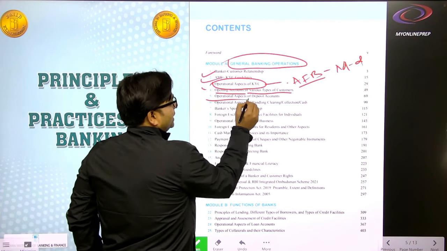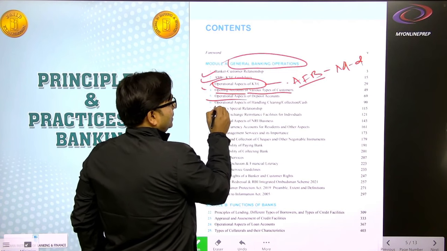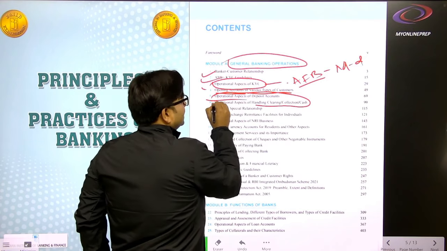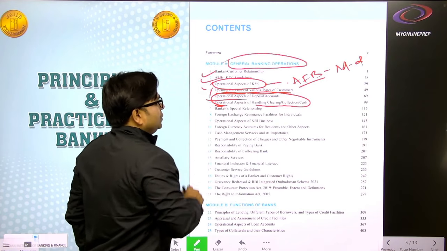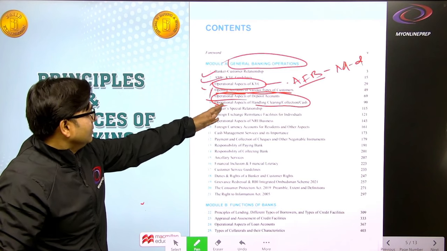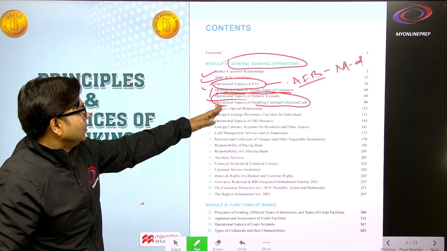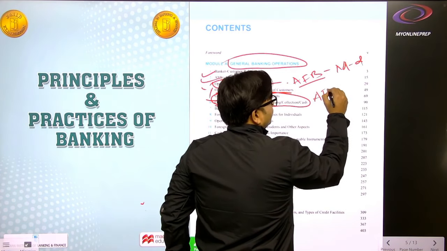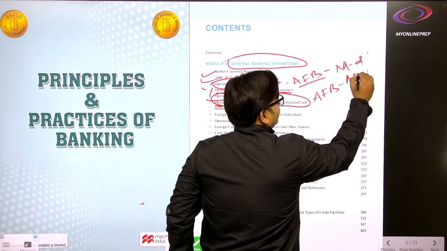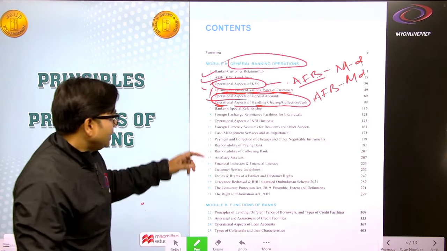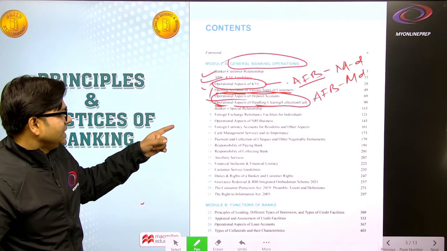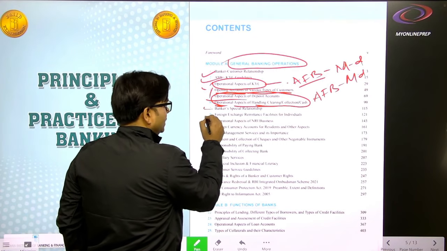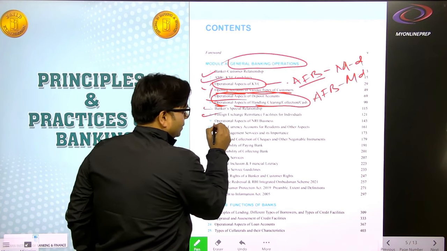Same with operational aspect of deposit account, operational aspect of handling cash and collection. Whatever topic now starts with the word operational, that was from AFB module D. Remember, bankers special relationship was from module B, foreign exchange remittance facilities for individual, operational aspect of NRI account.